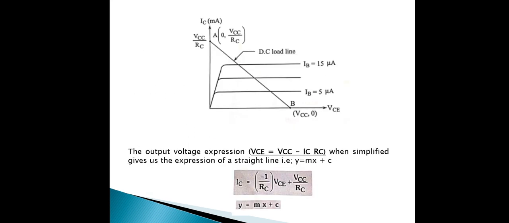So from this, when you make VCE equal to 0, you get a point on the y-axis, that is nothing but VCC by RC. So now you got 2 points.